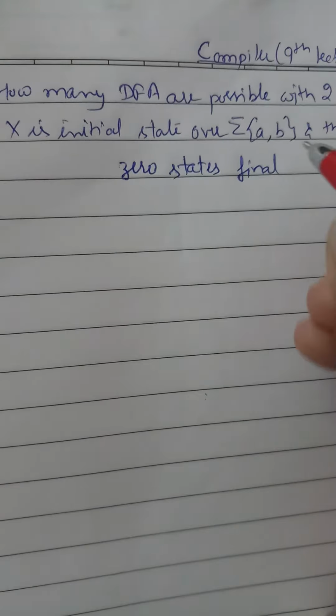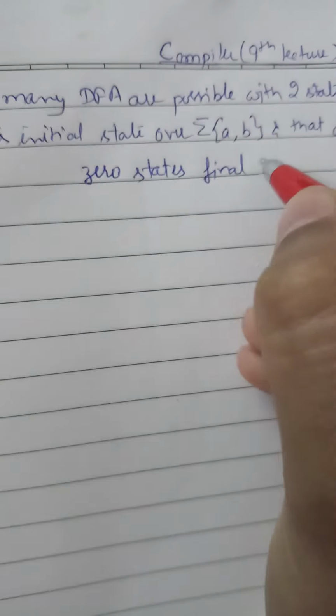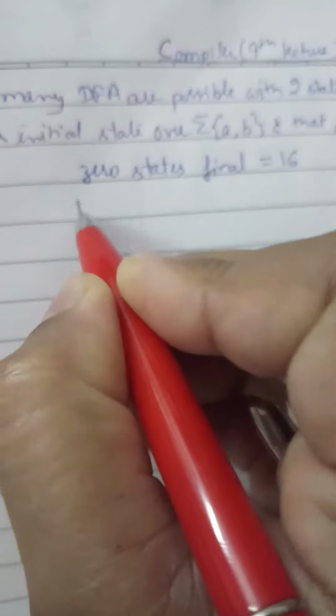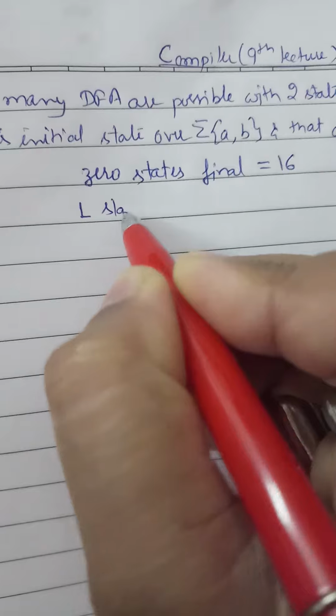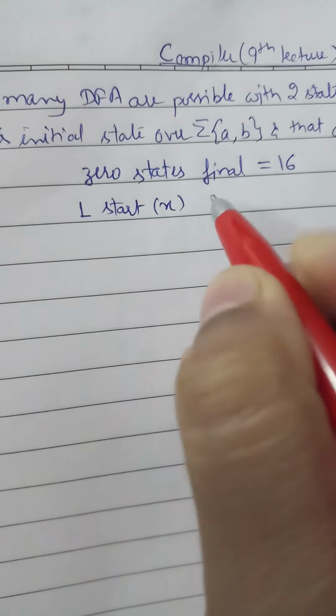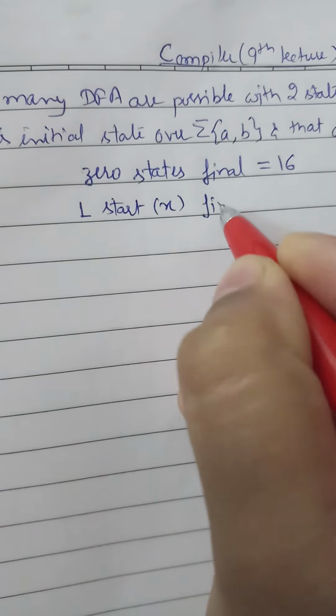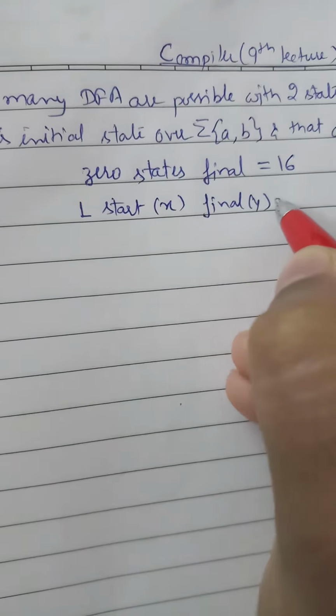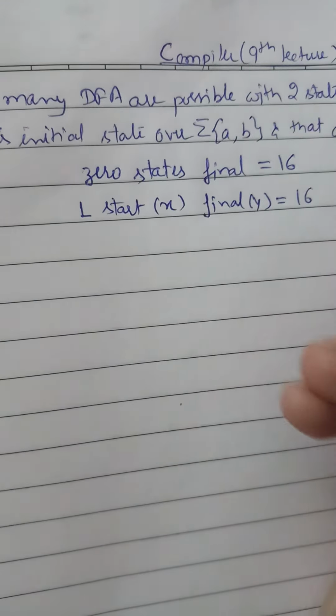When zero states are final, meaning x and y both are not final, how many possibilities are possible? 16. When start is x and final is y, then 16 possibilities are there.